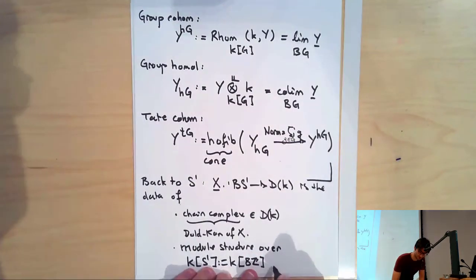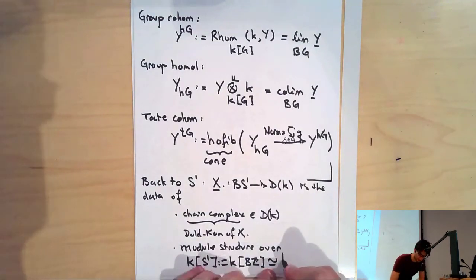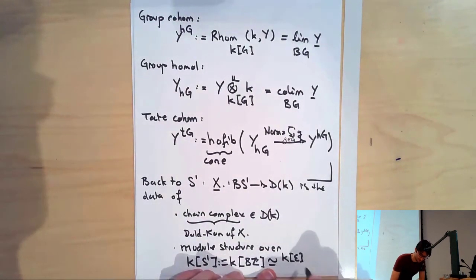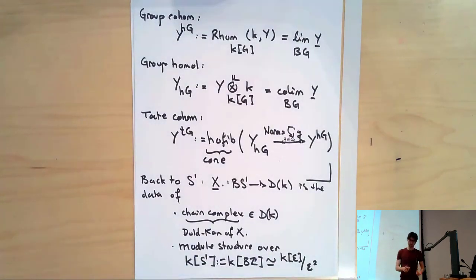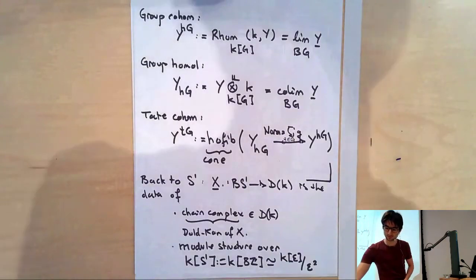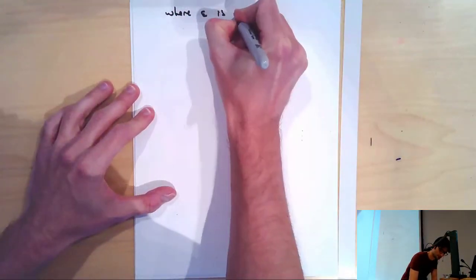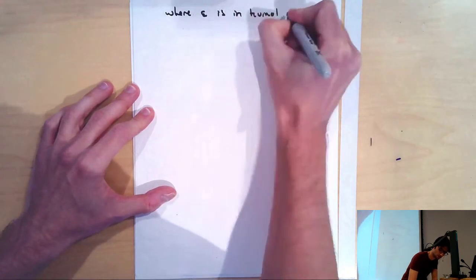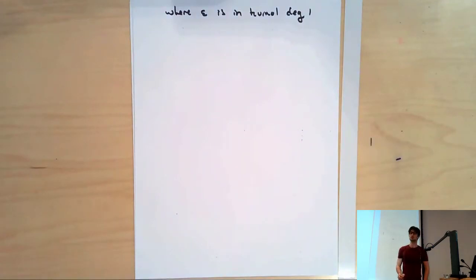Or if I choose to view this as a differential graded algebra, any simplicial algebra gives rise to a differential graded algebra, this will be something very simple, either by explicitly calculating it or by appealing to some calculation of the homology of the circle. This will look like K of epsilon mod epsilon squared, where epsilon is in homological degree 1, and there's not really space for any interesting differentials.